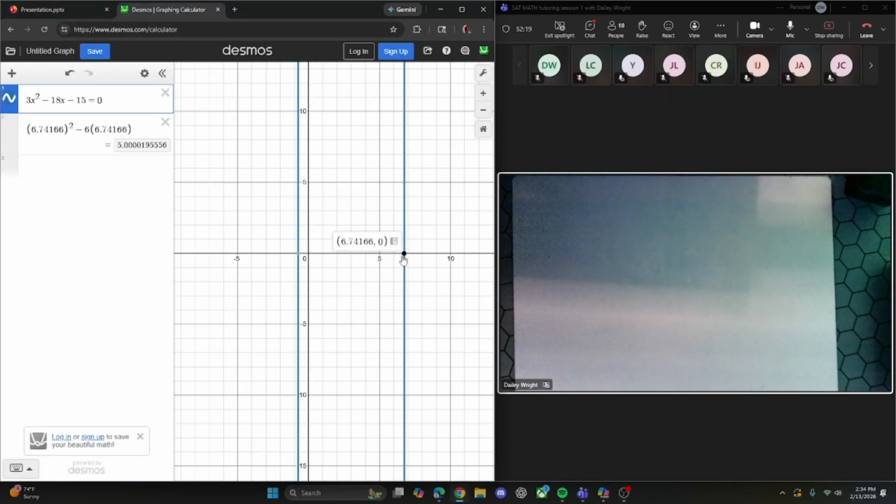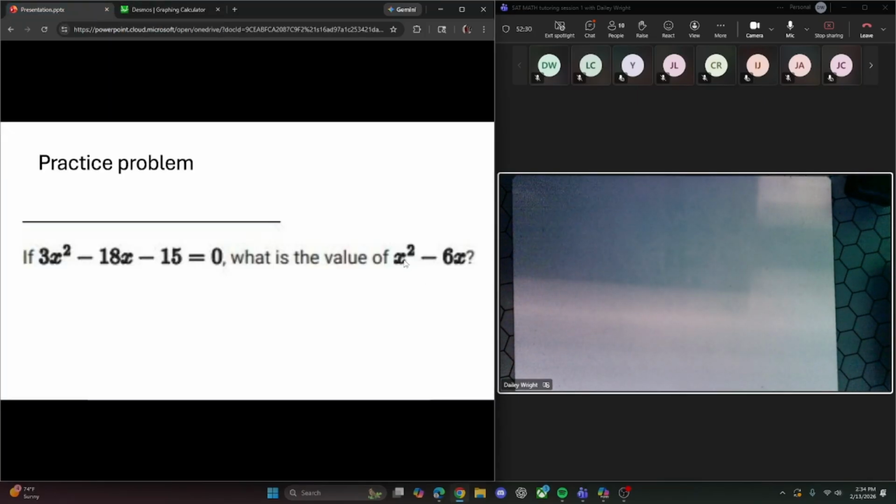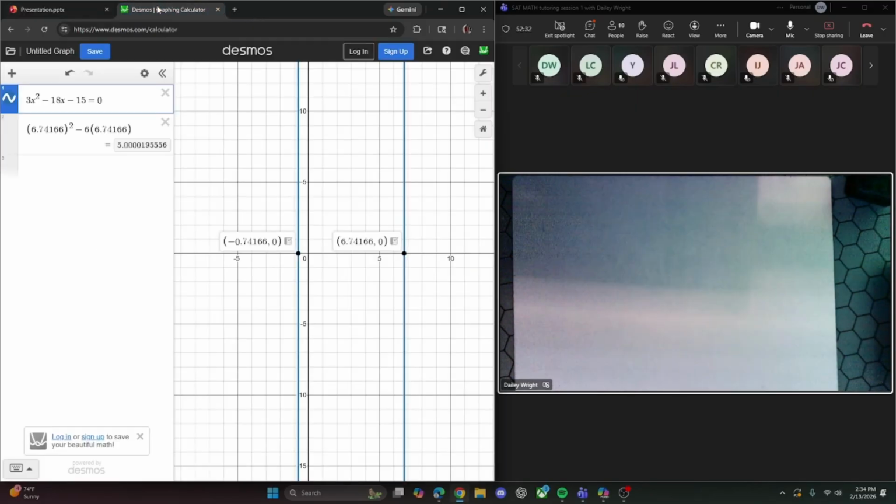So the x value solutions are 6.74 and 0.74166. And so that's how I know how to plug them into x squared minus 6x, because it's giving me what x equals based off the solution. Does that make sense? Is there anything else you were asking? Did I answer the wrong thing?